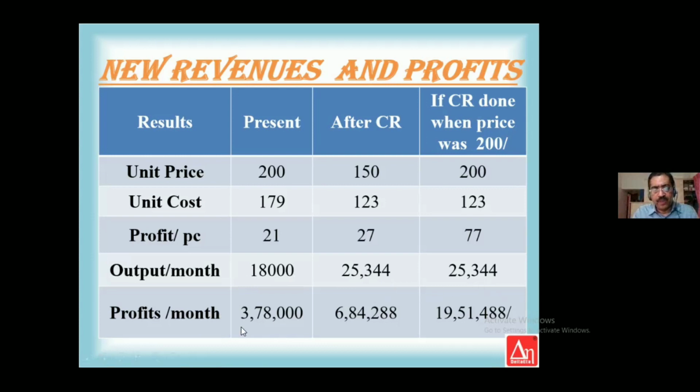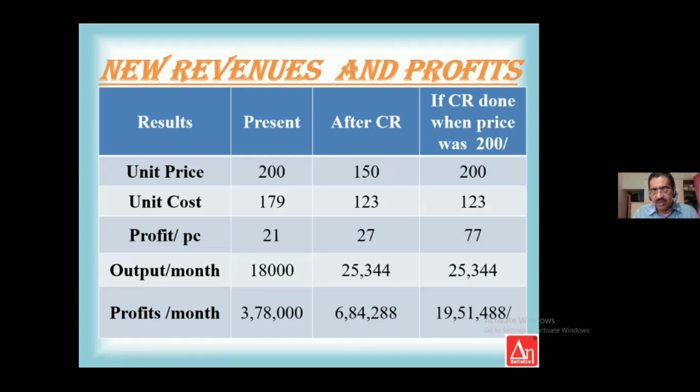So you reach 25,344 units. Present profits per month are 3,78,000 rupees. This is in spite of working at a unit price of 200 rupees. Even after your unit price goes down to 150, you are able to achieve a profit of 6,84,000 rupees, which you see is double the previous profits.